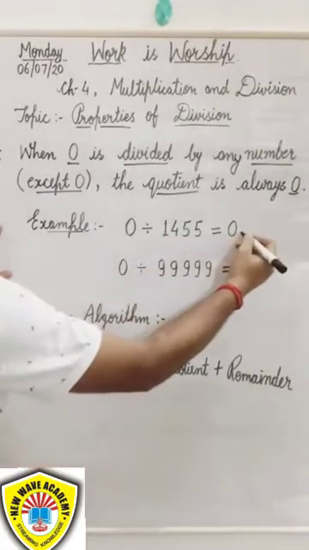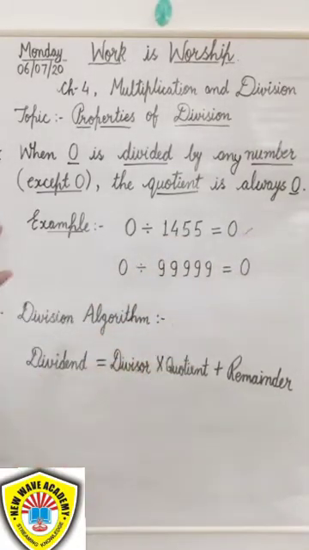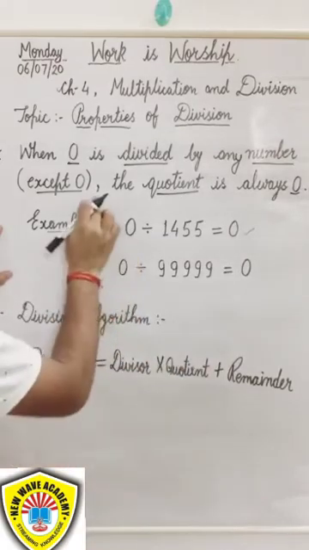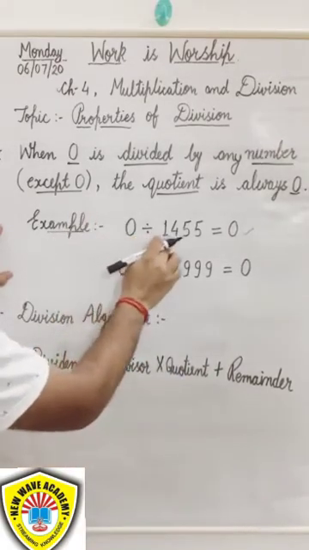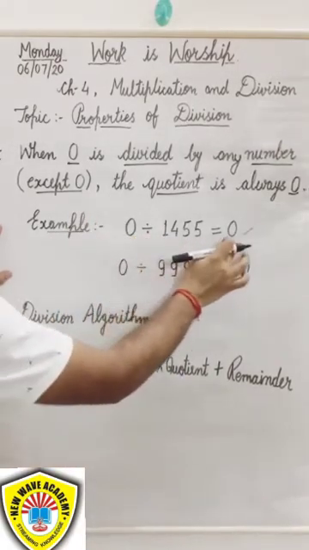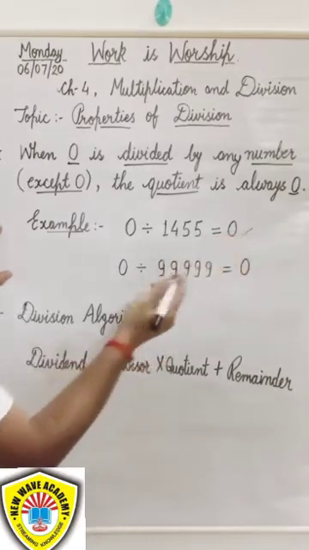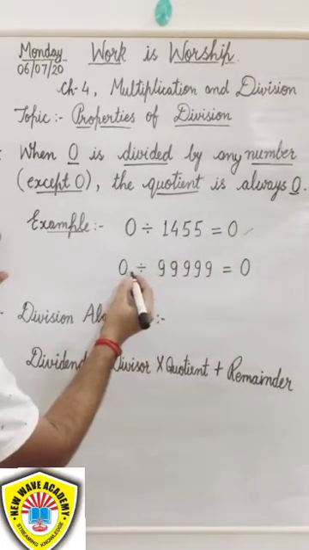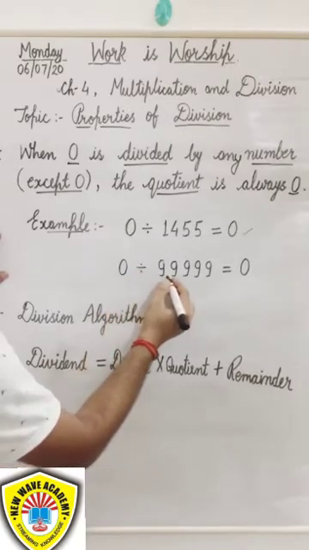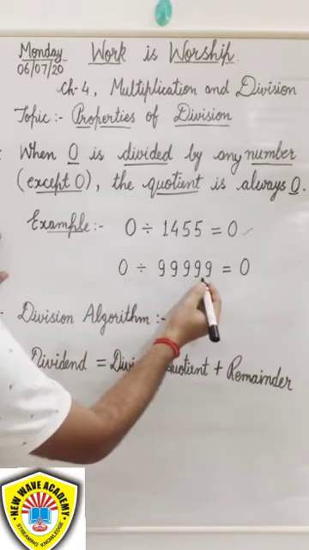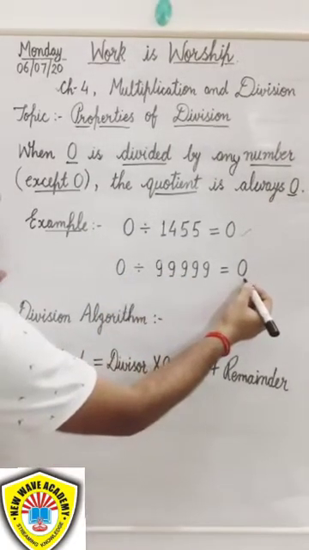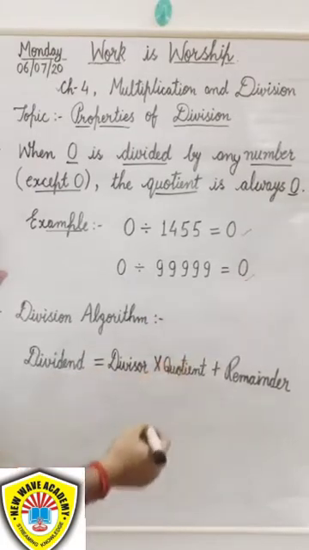So what is the quotient we will get? Here 0. So according to the property, when 0 is divided by any number, we will always get the quotient 0. Next, 0 is divided by 99,999. So here we will always get 0 as the quotient.